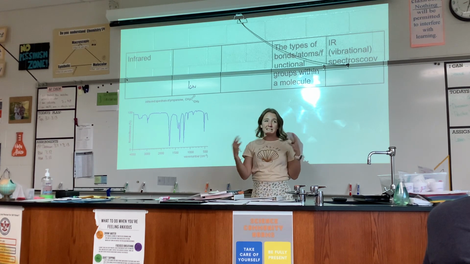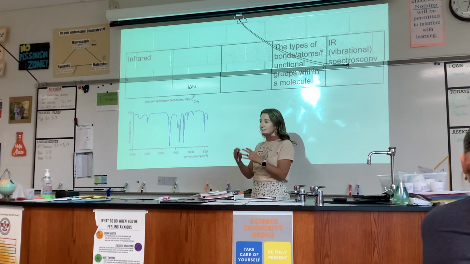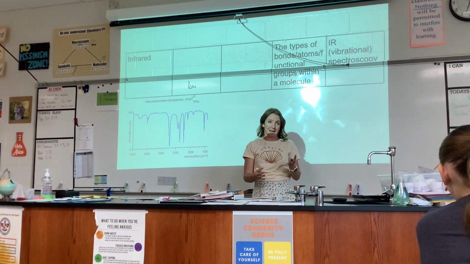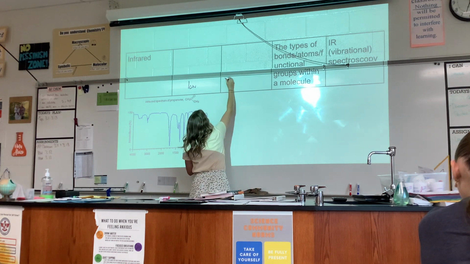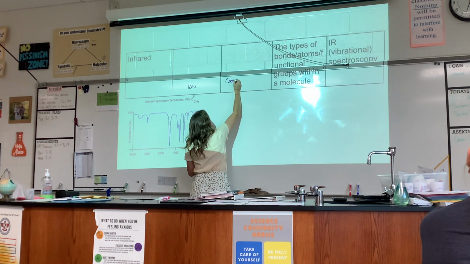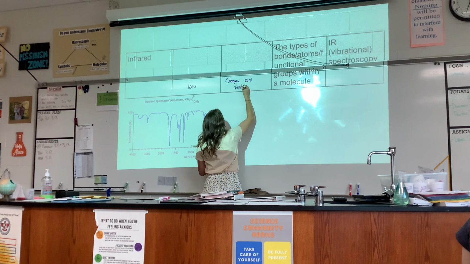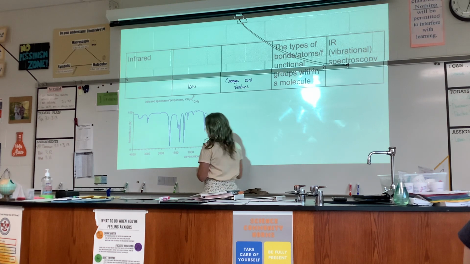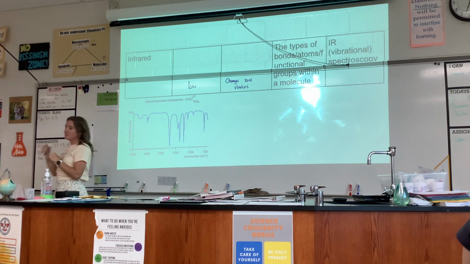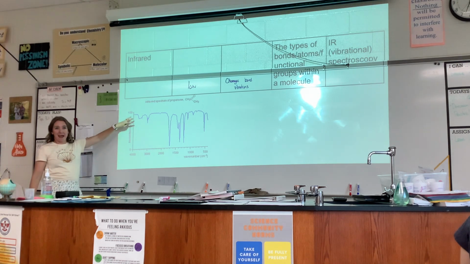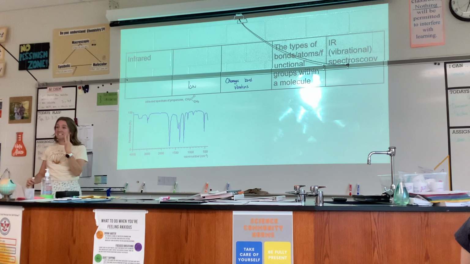Since the waves are getting bigger, they can't impact just the electrons, but they actually change the bond vibrations. And when the bond vibrations change, you get these funny looking graphs out of it that represent how the bond is vibrating.